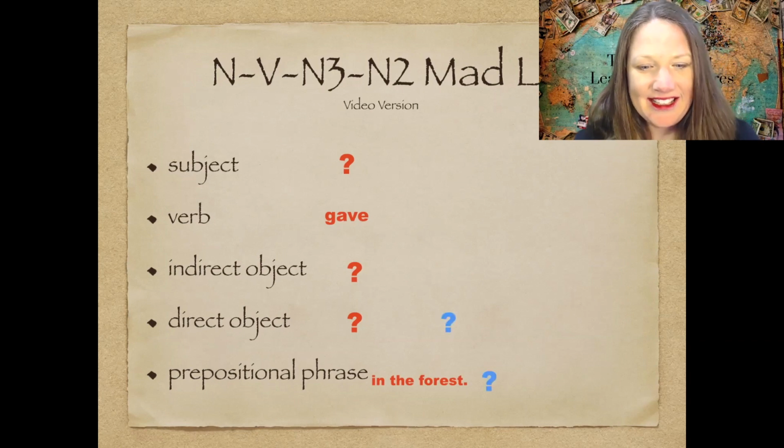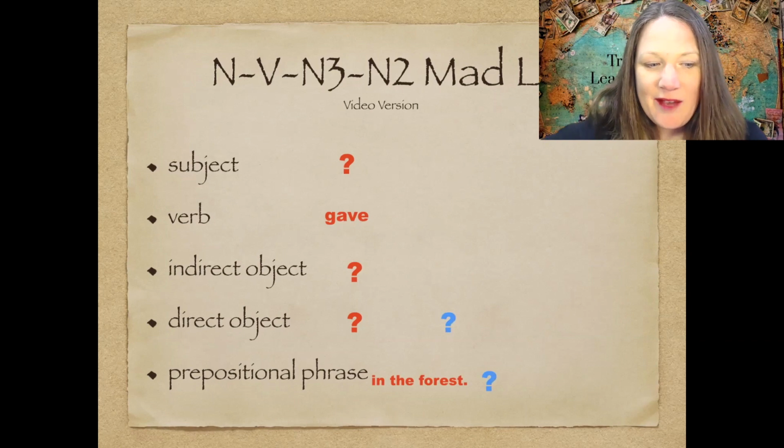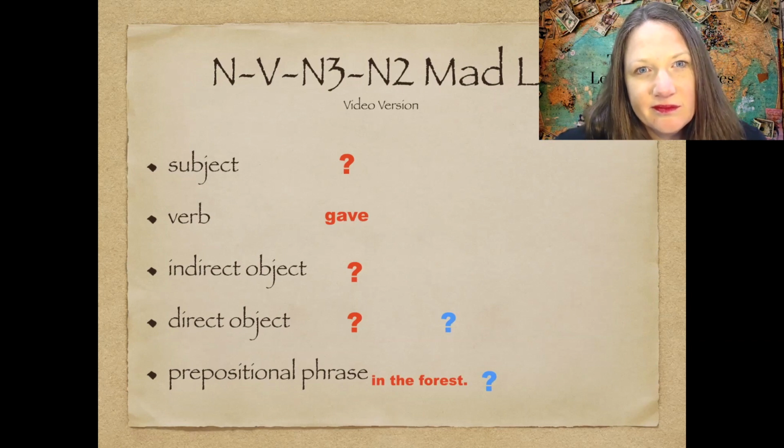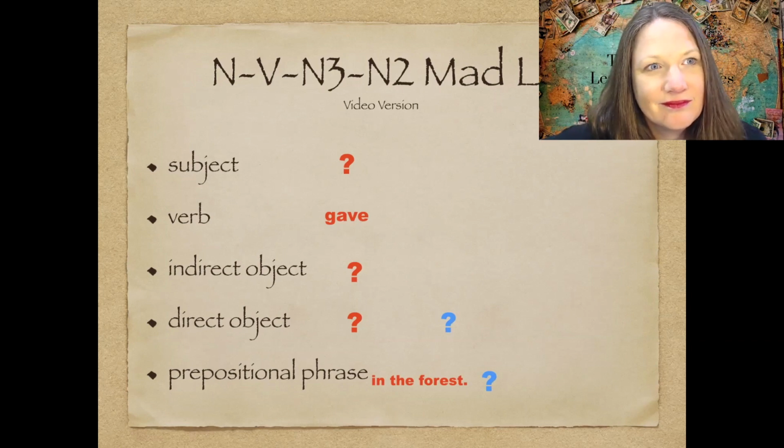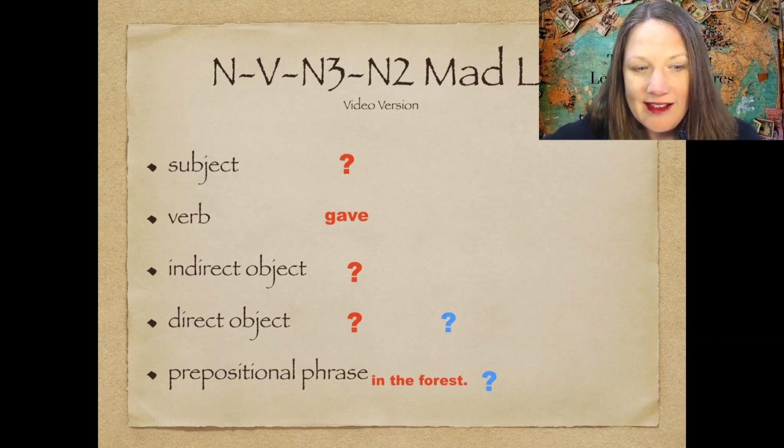Next one. Think of a direct object and a prepositional phrase. All right, mine is going to be car for direct object and at the beach as a prepositional phrase. Boy told friend.